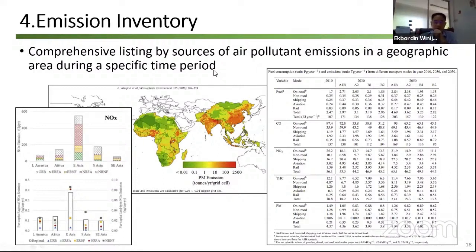The emission inventory is the comprehensive list by source of the air pollutant emission in a geographic area during a specific time period, meaning that the emission inventory will give you the information about where the pollutant is coming from, or the source of the air pollutant, and what type of pollutant, for example, NOx, particulate matter, or CO. And then in that area, if you put the boundary that you want to study the emission inventory in this area, only the sources that are in this area are going to be included in the study.